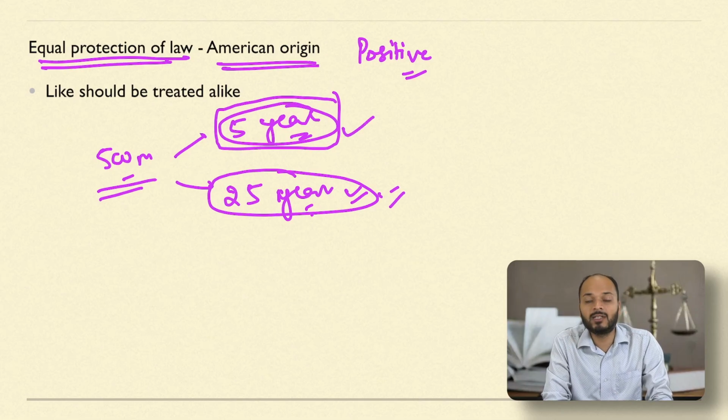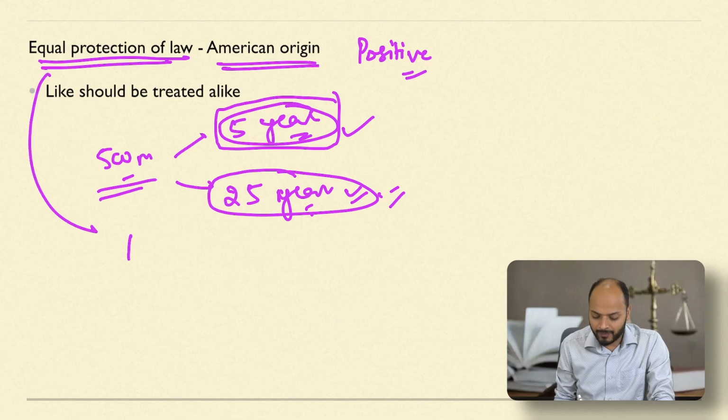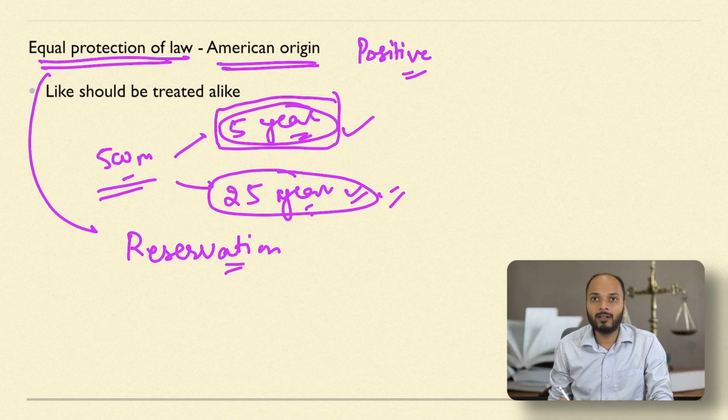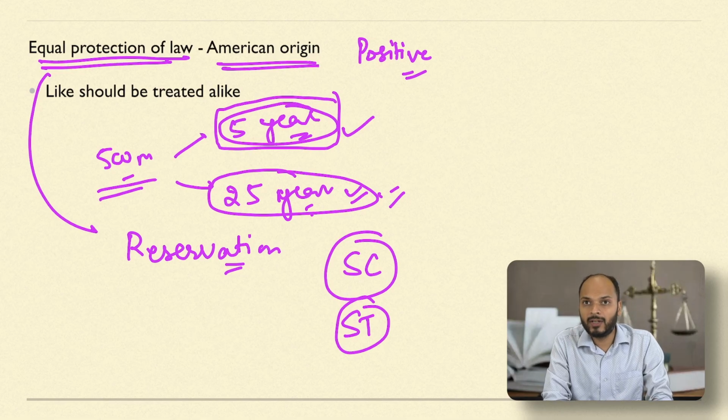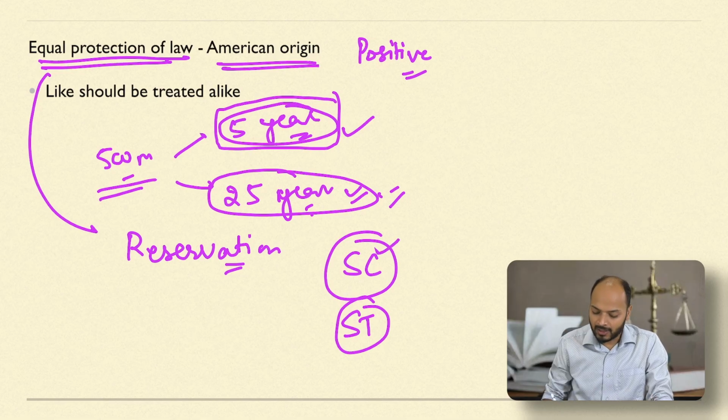If you have understood this concept, this is the origin of the idea of reservation in India as well. We have realized that not every caste of people has been treated equally, and some have been historically discriminated against. So let's say the scheduled caste community in India, or the tribal community in India, they shall not be competing with others, reason being the kind of discrimination which they have met.